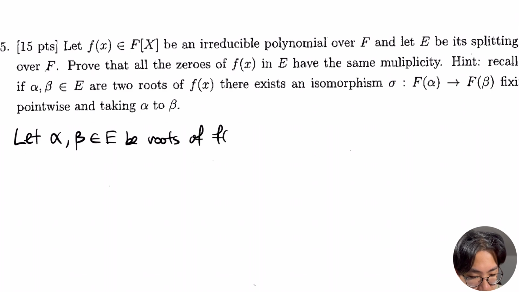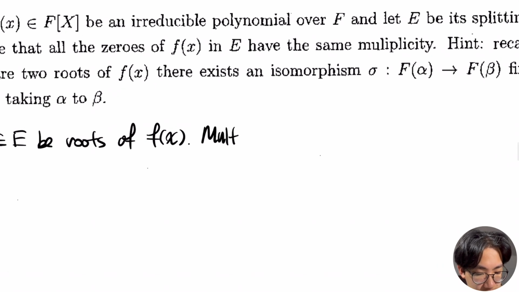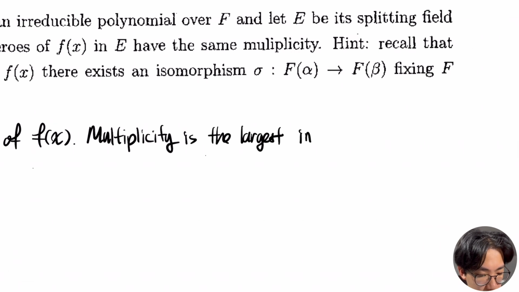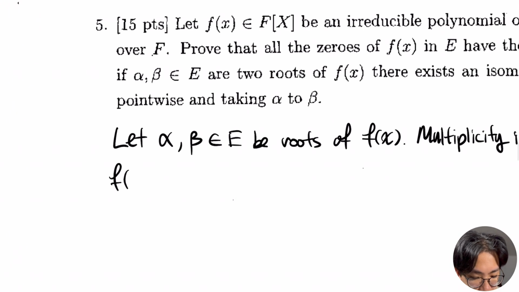of f of x. So here's the definition of multiplicity that we're going to go with. Multiplicity is the largest integer, we're going to call it m sub alpha in this case, such that f of alpha is equal to 0, and then we're looking at the higher order derivatives as well.